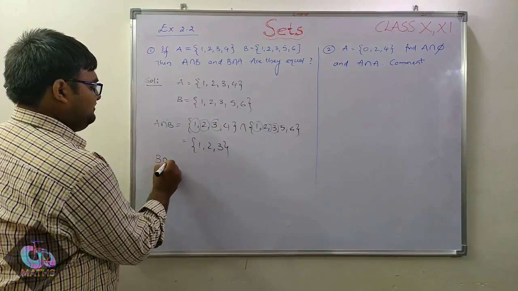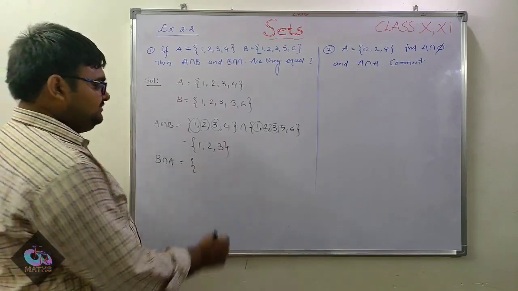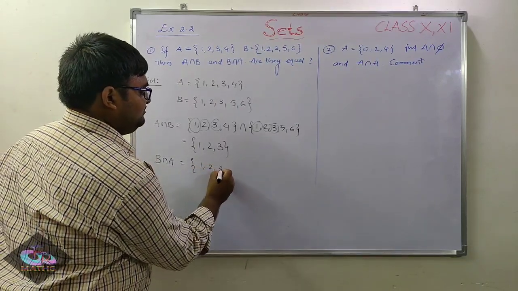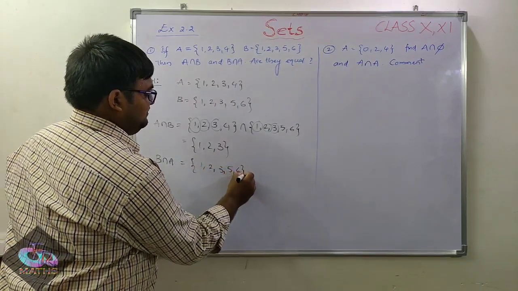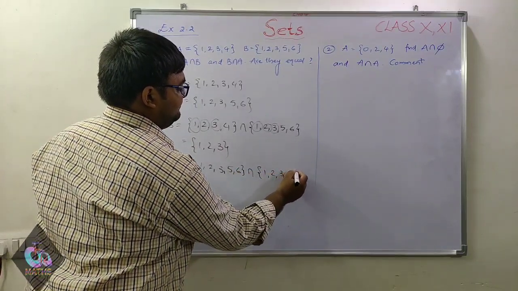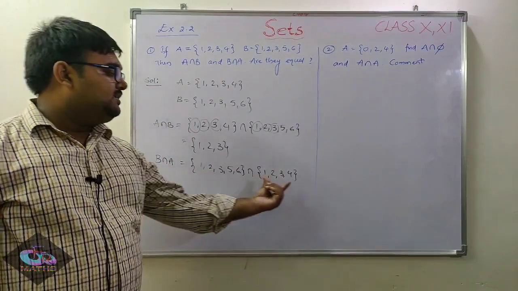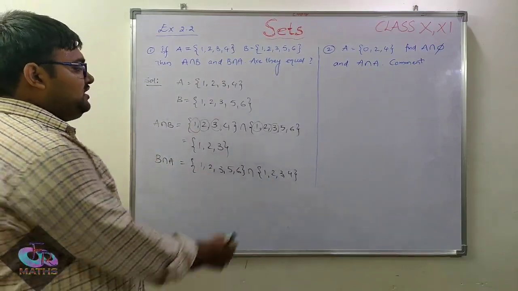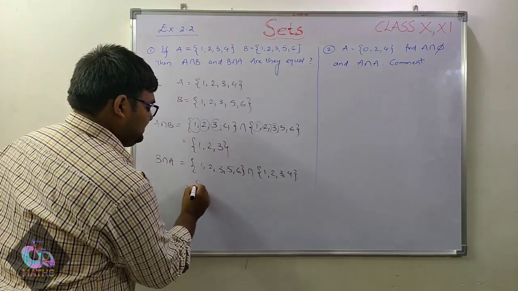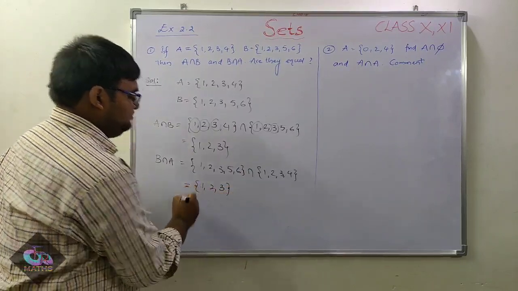The same way, B intersection A. B intersection A means the set {1, 2, 3, 5, 6} intersection the set {1, 2, 3, 4}. Again, if you take the common elements of these two, they are nothing but the same set {1, 2, 3}.